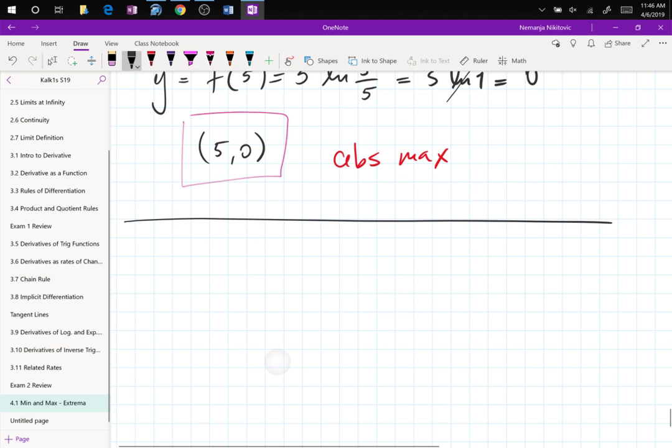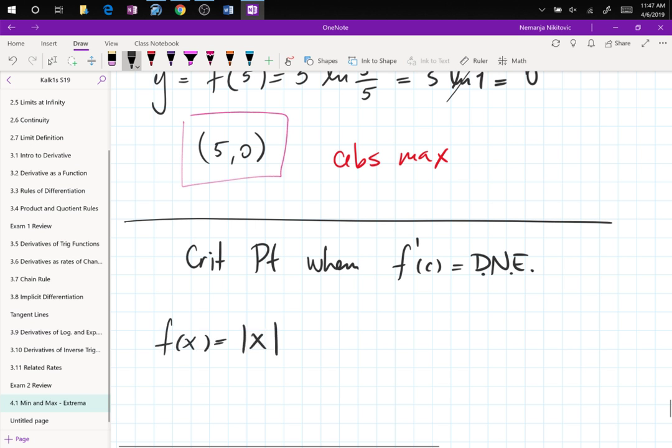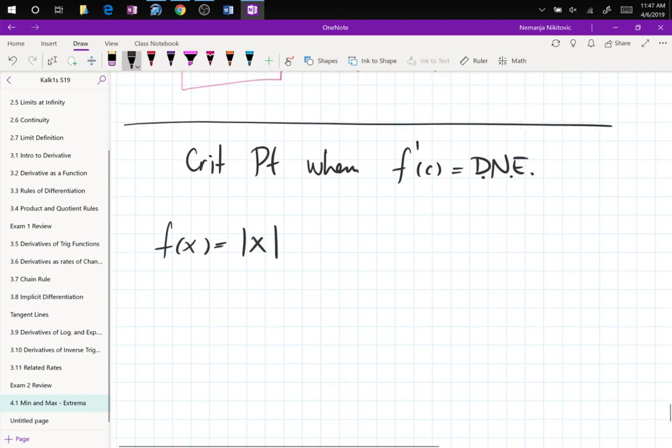So, a critical point when f prime of c does not exist. An example of that would be f of x equals the absolute value of x. We know that it has a global minimum at 0, 0.